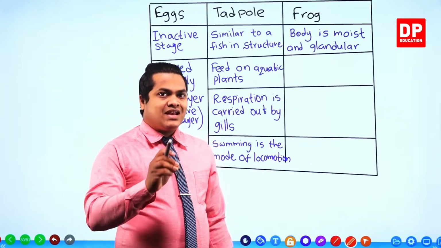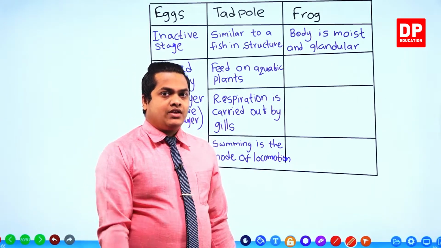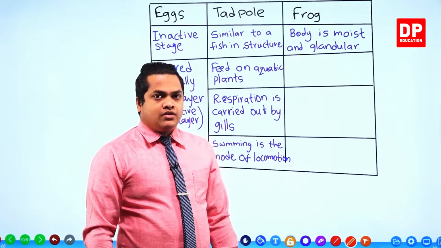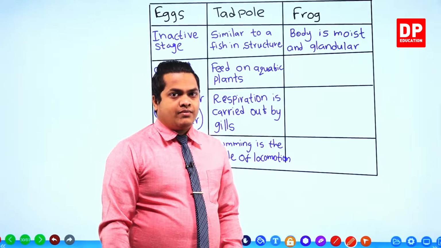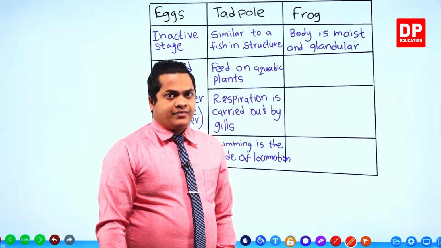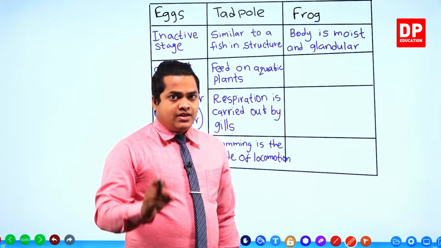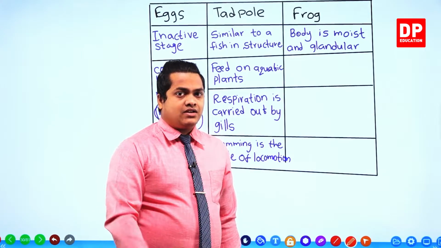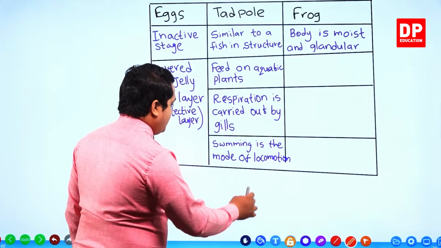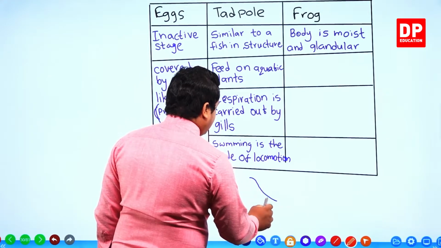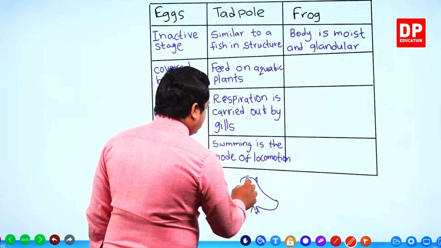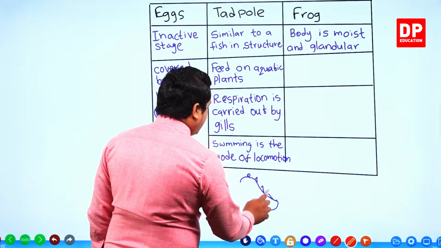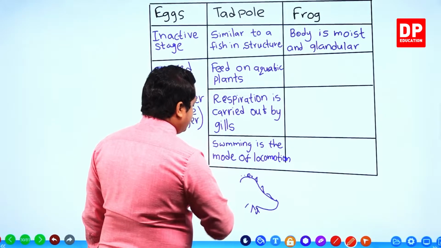Glandular means several glands can be observed on the body of the frog. However, that glandular nature cannot be observed on the body of a tadpole. If you take an adult frog like this, their body contains gland-like structures like this.